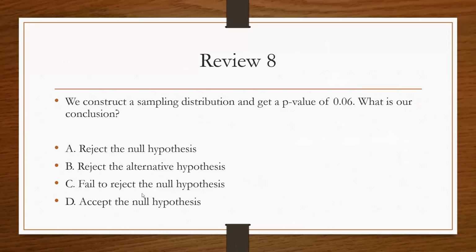Yeah, you guys got it. You're going to fail to reject the null hypothesis because the p-value is greater than 0.05. If any of you even thought about accepting the null hypothesis, bad. No, can't do it. Just can't do it.